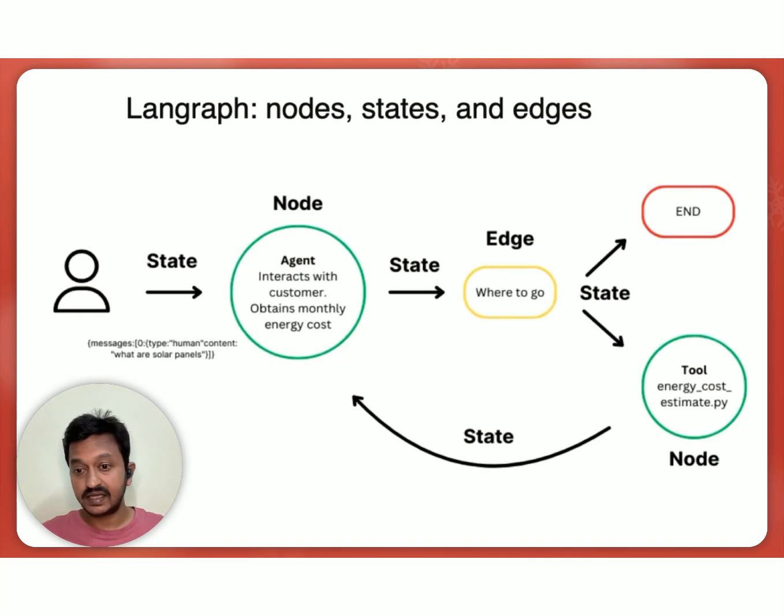They serve as the building blocks of the graph, representing individual computation steps or functions. And then we have edges. They connect nodes within the graph, defining the flow of computation from one step to the other. So we're going to explain everything through a simple workflow in the upcoming video.